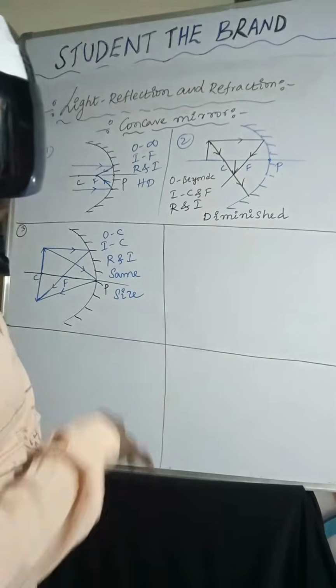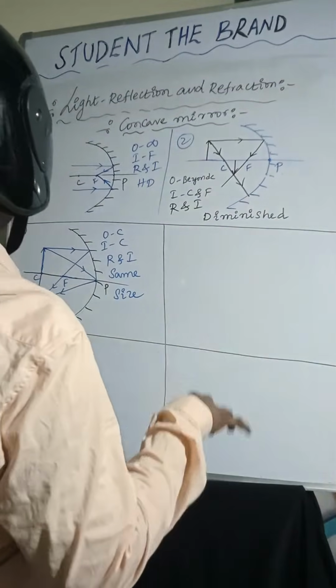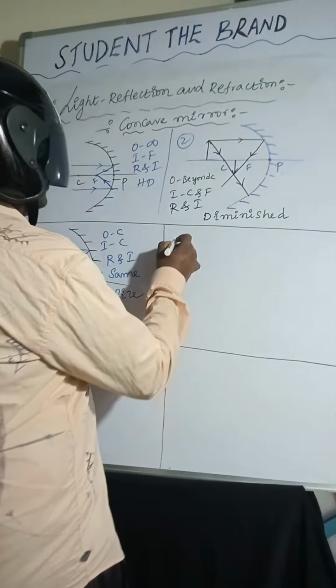Object at C, image also will form at C. Nature of the image is real and inverted and same size. Coming to the fourth one.